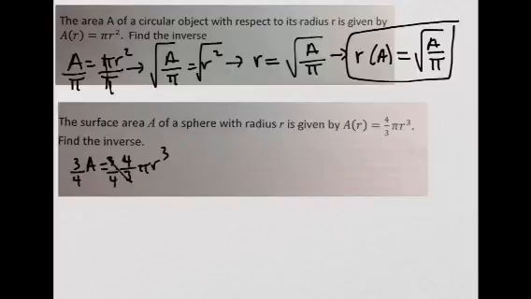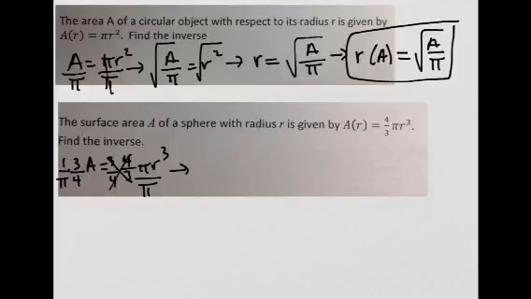And so the 3/4 and 4/3 on the right side becomes 1. And then I can divide by pi. Remember, dividing by pi is the same thing as multiplying by 1 over pi, right? So I could put 1 over pi here.